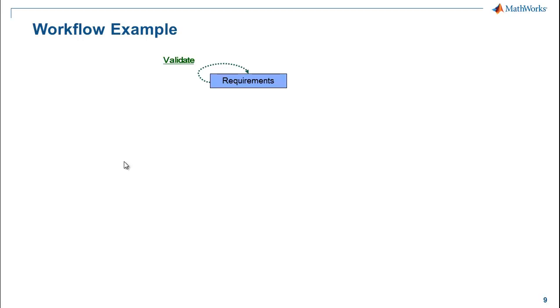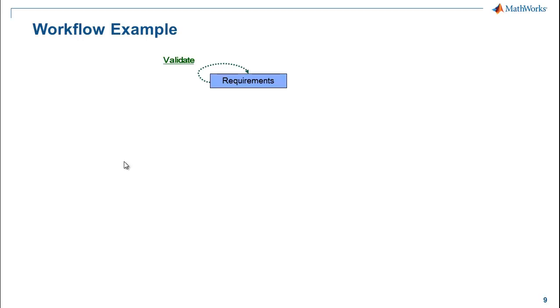So this validation step is a manual review where you're trying to understand if these lower level requirements accurately capture the intent of the higher level requirements. Again, this validation step is almost always a manual review of your textual requirements.